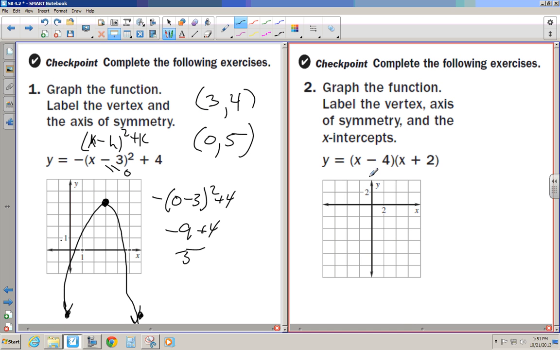Graph the function. This is in intercept form. Well, we know one intercept is at 4. The other intercept's at negative 2. Because what makes this equal to 0? And we know our midpoint is when you add them together and divide by 2.